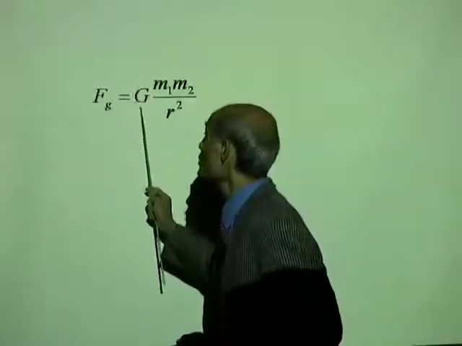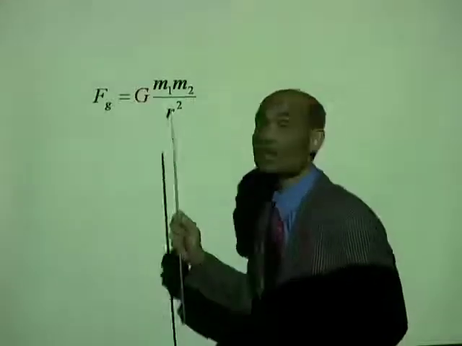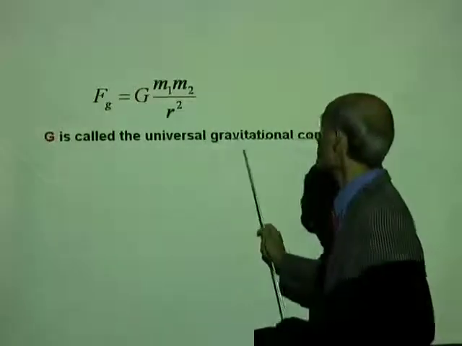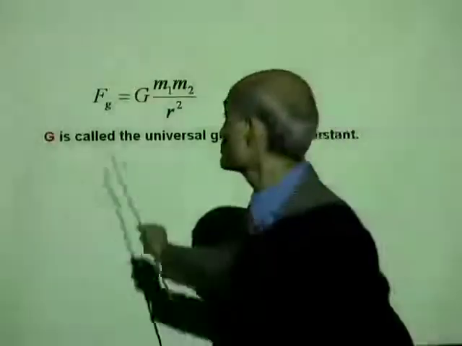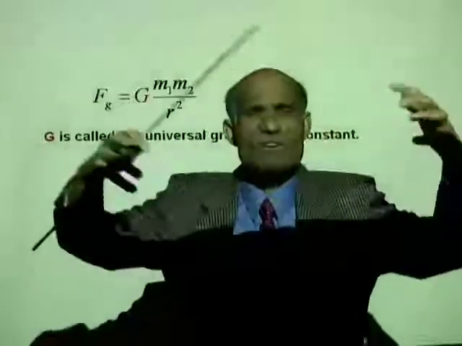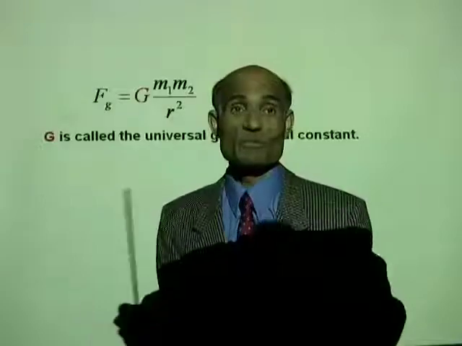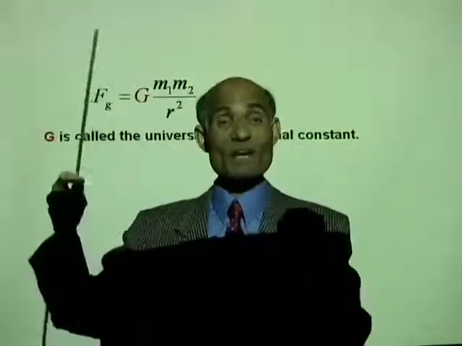What does this stand for? The uppercase G is the constant of proportionality, and it is called the universal gravitational constant. In other words, this G has the same value everywhere in the universe. It doesn't change. The value of G is the same for the force between Earth and the Sun.